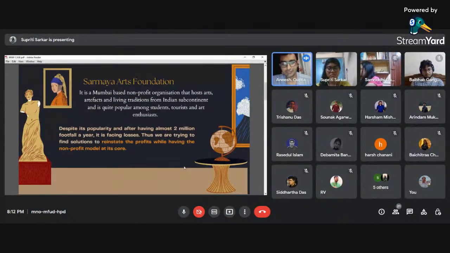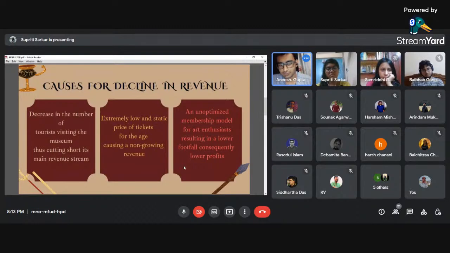Thus, we are trying to investigate and reinstate the profits while having the non-profit model at its core. So, the few causes of decline in revenue, which we could narrow down to, are the decrease in the number of tourists visiting the museum, the extremely low and static price for tickets for the age, and the unoptimized membership model for the art enthusiasts.